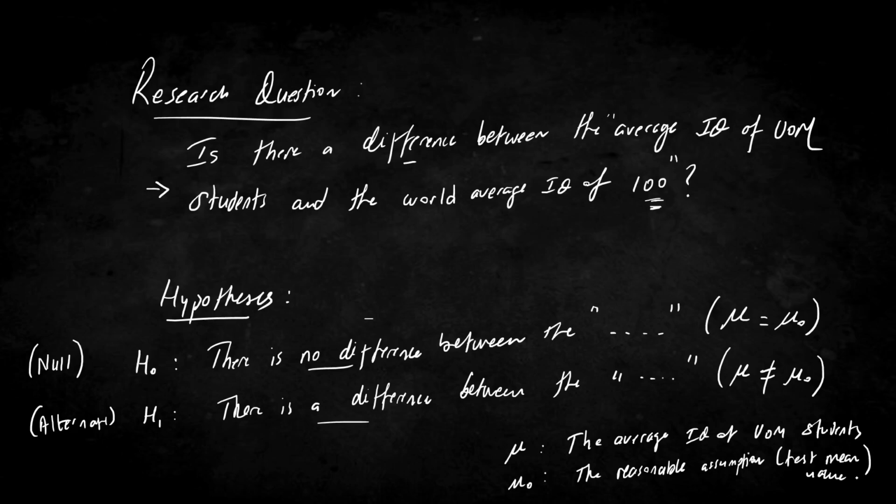This mean value against which we want to compare our true, real mean value. In this case, we're looking at average IQ of students, and we'll compare it to this assumed value of 100. In our example here, it's 100. That's mu naught. So here we're saying that mu is equal to 100, and here mu is not equal to 100. That's what we're saying. Right?